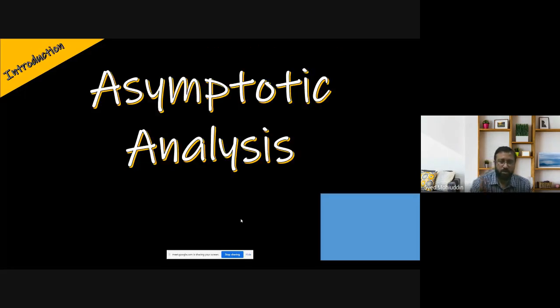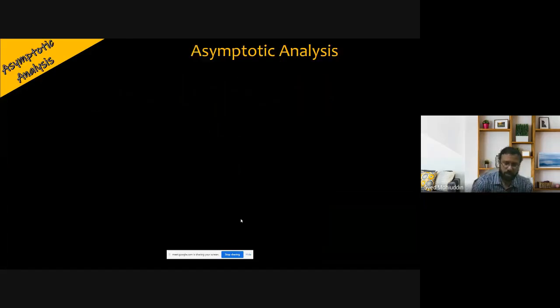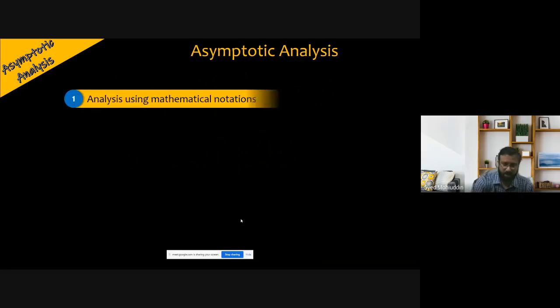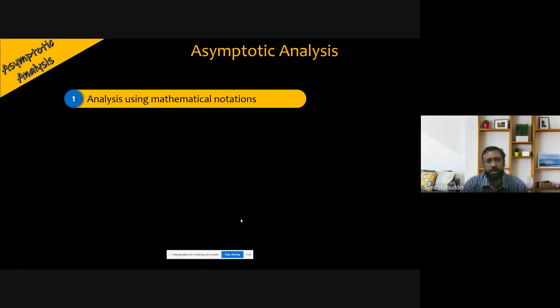So now in this session we will talk about asymptotic analysis. Those functions, whatever we have seen as examples, represent the time in terms of n, or in terms of the size of the input. We have seen earlier that to measure performance we need some tool.